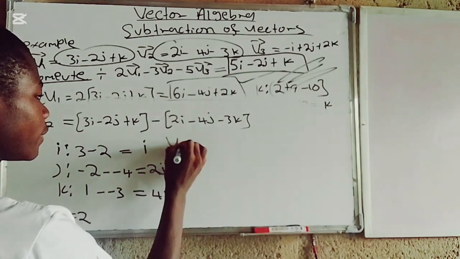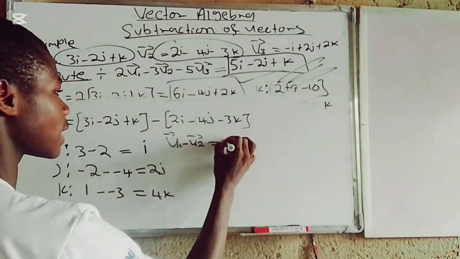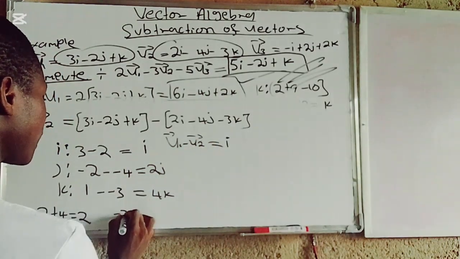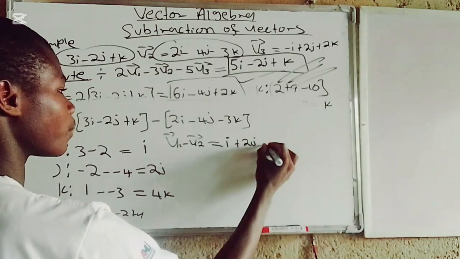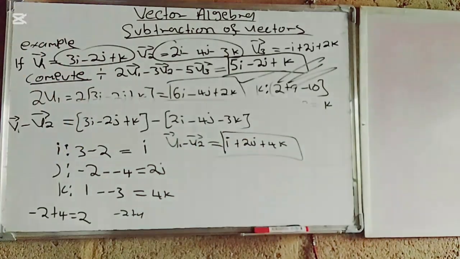At the end, v1 minus v2 is the same thing as i plus 2j plus 4k as the final solution.